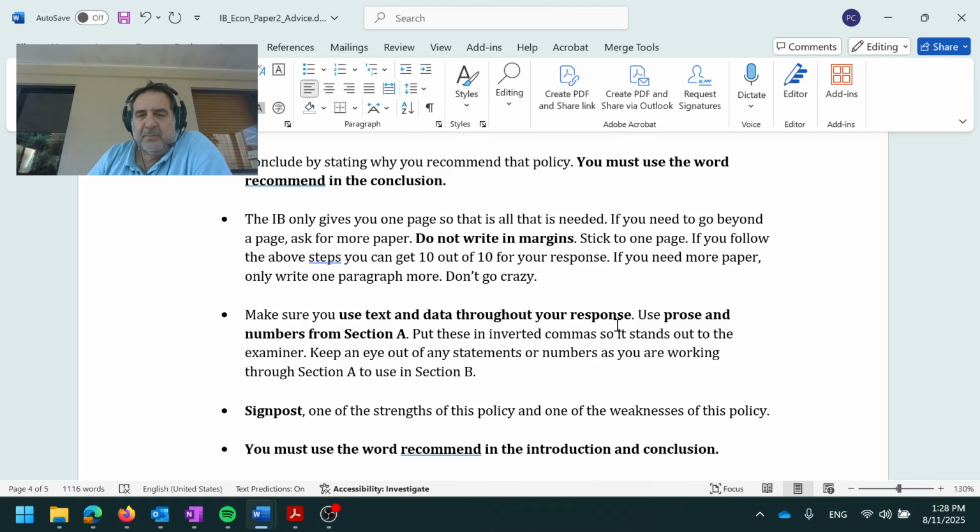Okay, the other point there, just again, make sure you use text and data throughout your response, and that would include a blend of both qualitative statements from the text in section A or any numbers that are obviously available in the information, or any numbers that you've calculated as part of your section A that you can use.